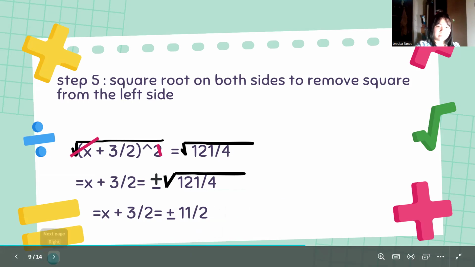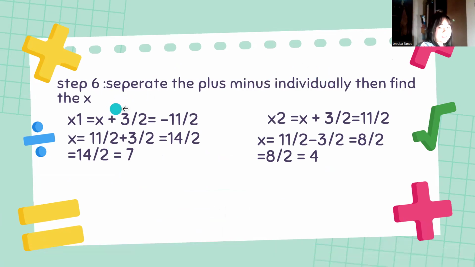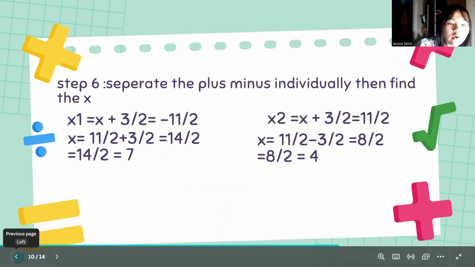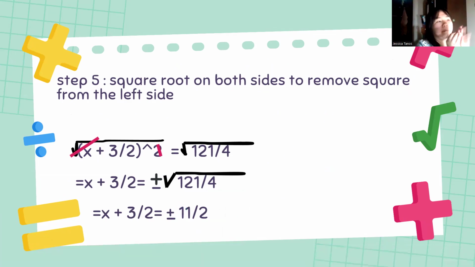Now, the last step, which is step 6: separate the plus minus individually, then find the x. At the end, we always divide it into two answers, x1 and x2, which can be minus plus or plus minus.